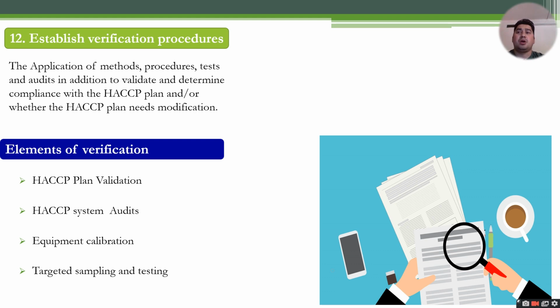Now the elements of verification: the HACCP plan needs to be validated, the HACCP system needs to be audited, equipment needs to be calibrated, and there is targeted sampling and testing. Food needs to be sampled and tested through external laboratories as well, and there are certain other things you can do to verify whether your process is working properly or not.